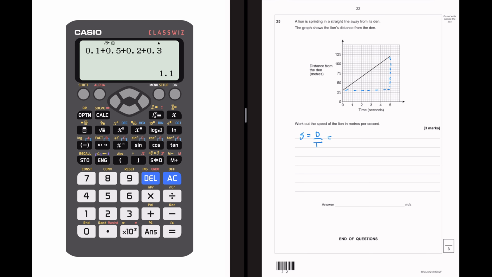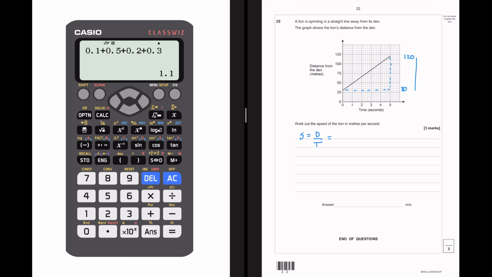So the rise in this case, it's gone from, so what are these going up in? So we've got 1, 2, 3, 4, 5. So they're going up in 5s, 25 divided by 5. So this is going to be 30 at this point here, all the way up to 105, 110, 115, 120.